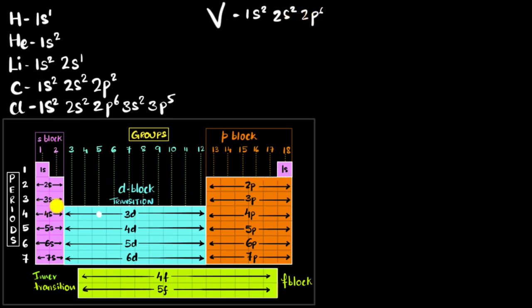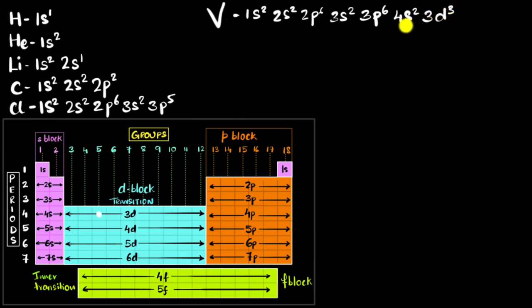Then 3s2. Then 3p6. This is getting exciting, right? Then 4s2. And then finally, we'll be in 3d. And it is 1, 2, 3 squares to the right in the D block. And therefore, it is 3d3.